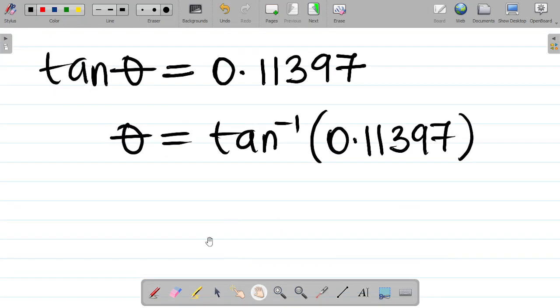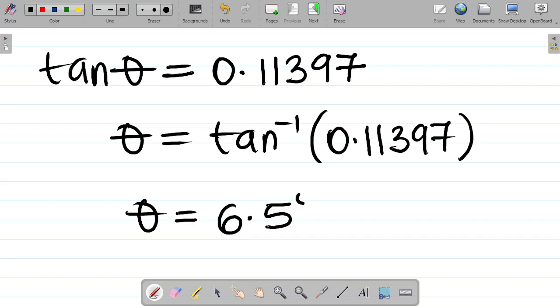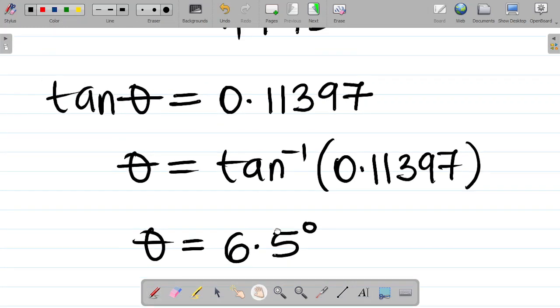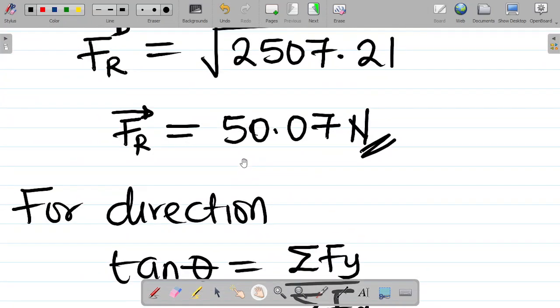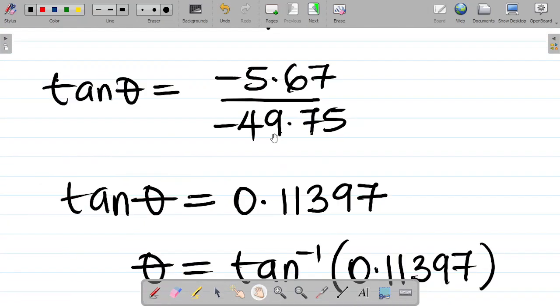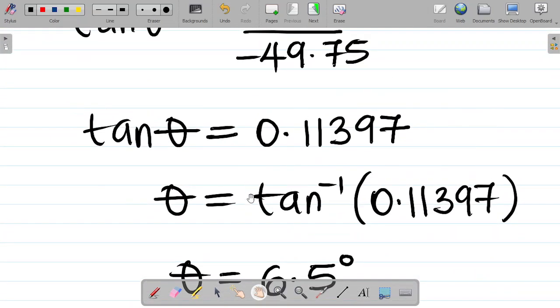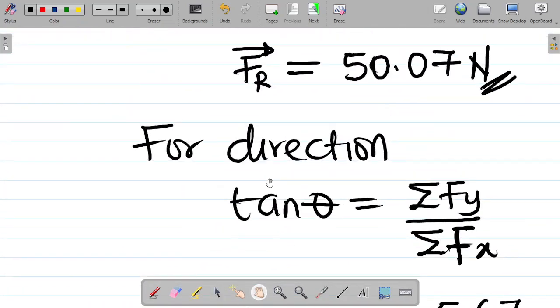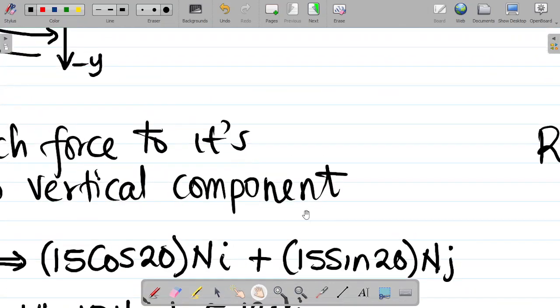And from this, we'll have that theta is about 6.50 degrees. All right, so I've gotten the magnitude of the resultant force, which is 50.07, and the direction, which is 6.5 degrees. That's it. What's next in there?